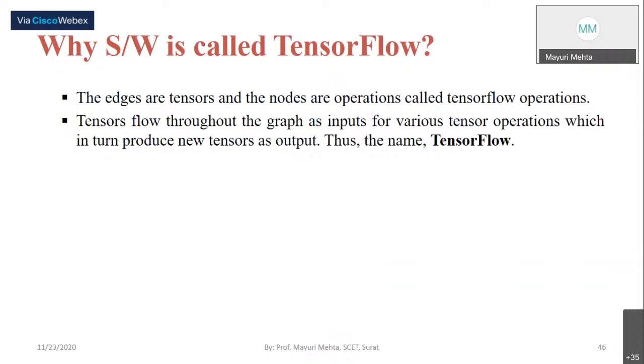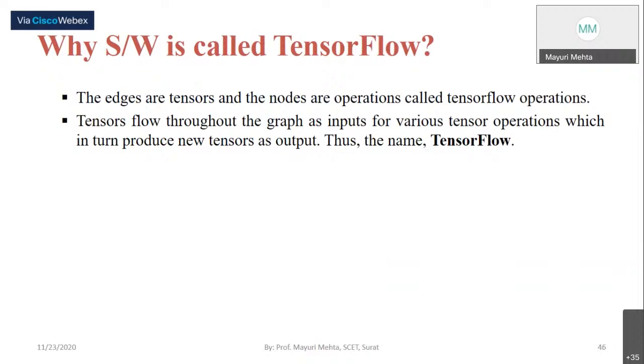Okay, now before we move forward, I would like to tell you why the software is called TensorFlow. As you have observed in those data flow diagrams, the edges are tensors, that is data, and the nodes are operations called TensorFlow operations.